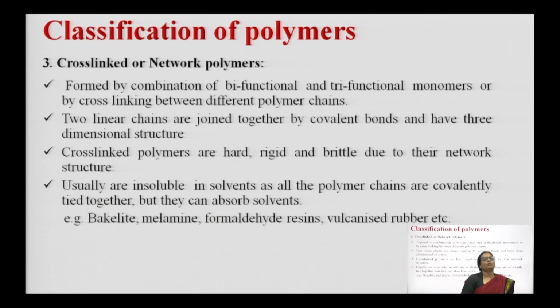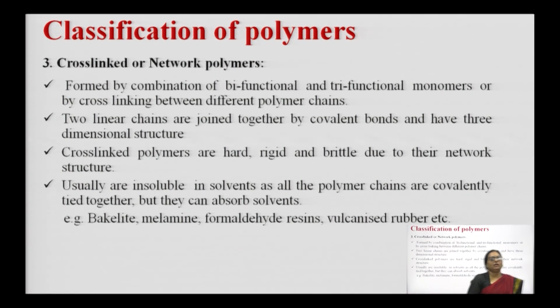Next we have cross-linked or network-like polymers. The name itself tells us that these polymers have extensive cross-linkages. So, cross-linked polymers are hard, rigid and brittle due to their network structures.